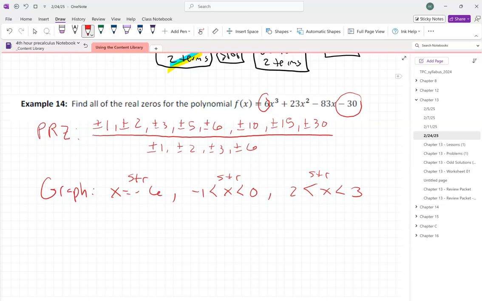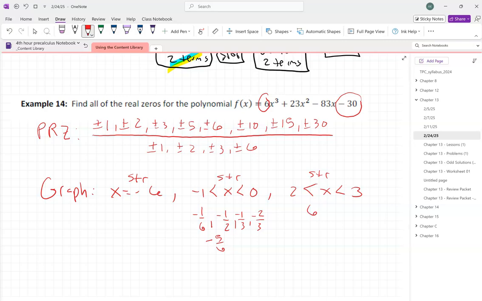So if I look at this, x equals -6 looked pretty much on the tick mark. I'm pretty confident about that. But this value between -1 and 0, well, there were a lot of choices there on what that could have been. All of those things could be plausible. Similarly, between 2 and 3, what could that have been?